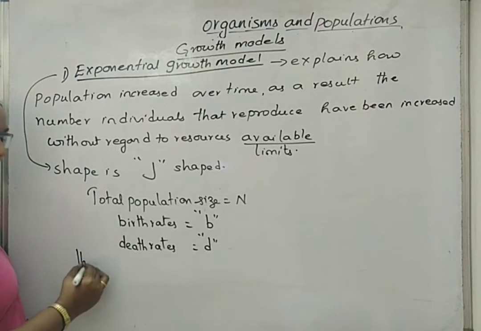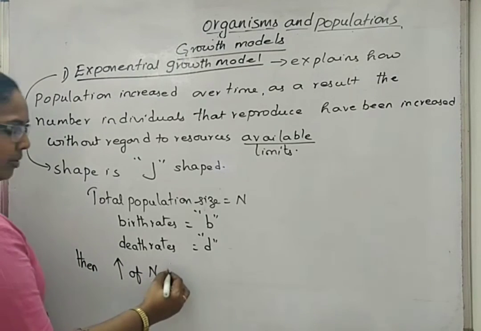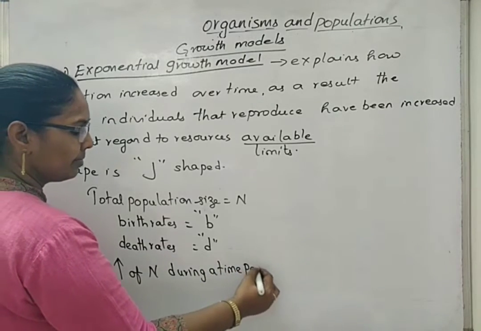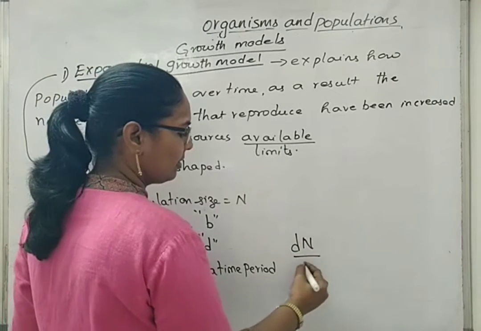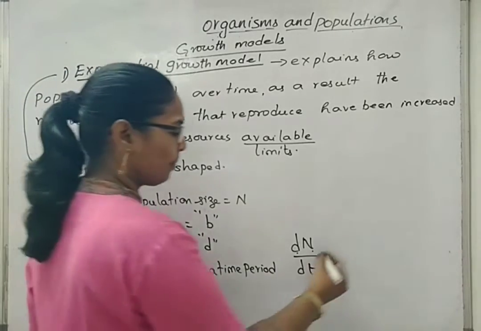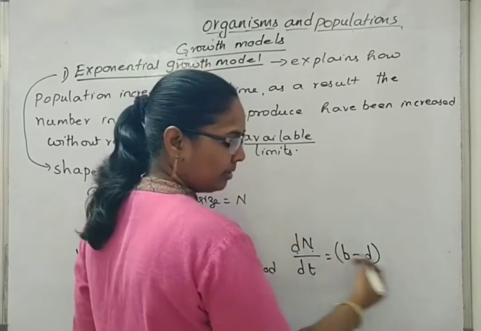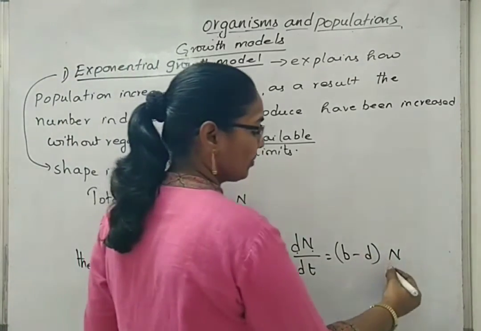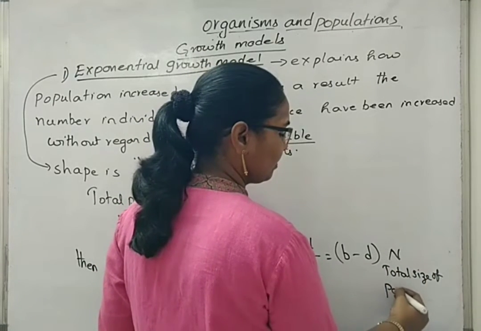Then the increase of the number of individuals during a time period can be written with a formula: the change in density of the population in a time period is equal to birth rate minus death rate times N, the total size of the population.